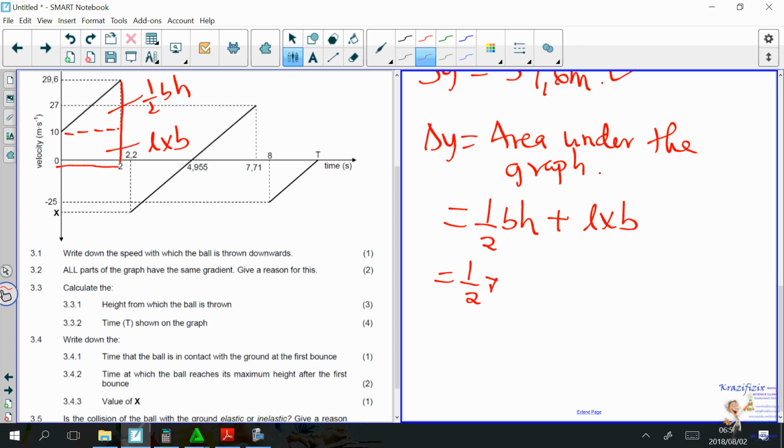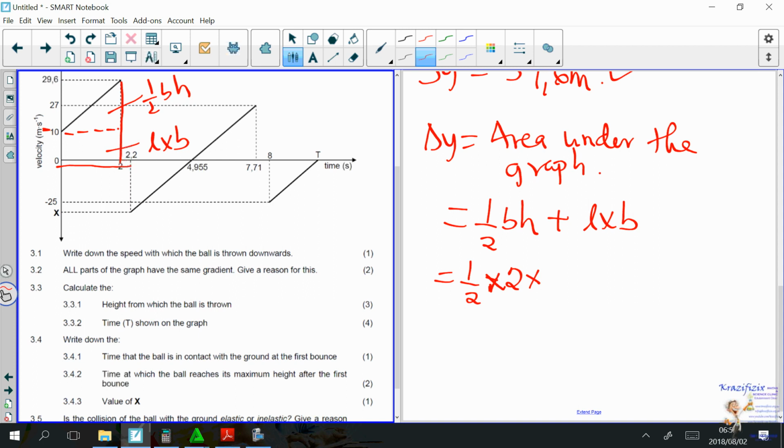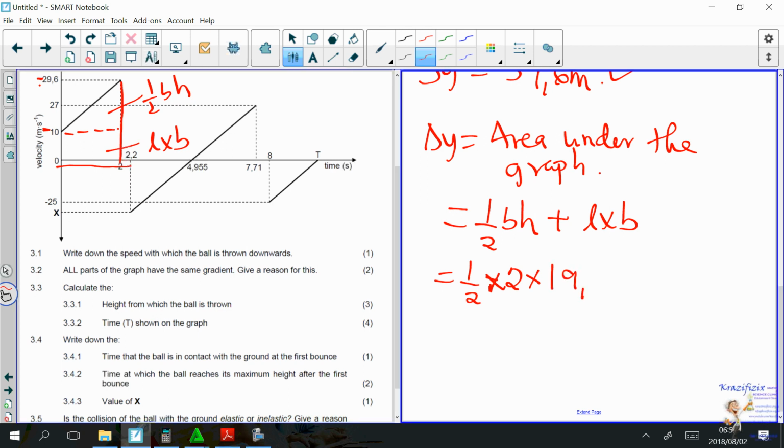What is the base? 2. Now what is the height? I'm looking at this triangle now. The height is going to be 19,6, which is 29,6 minus 10. Plus, now let's look at the rectangle.